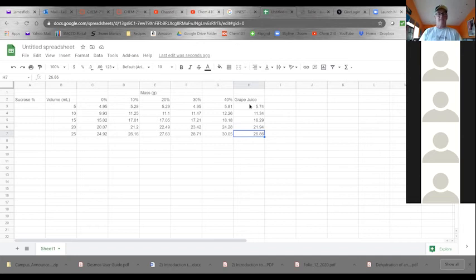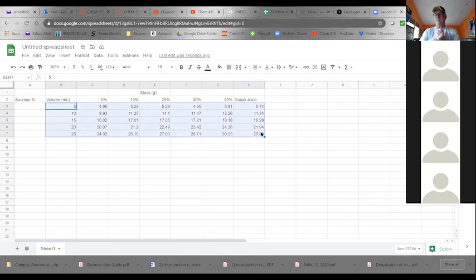Okay. Thank you. So then when it's time to plot these, you just select the numbers, just drag across. Now I've got 1, 2, 3, 4, 5, I got 7 columns, right?